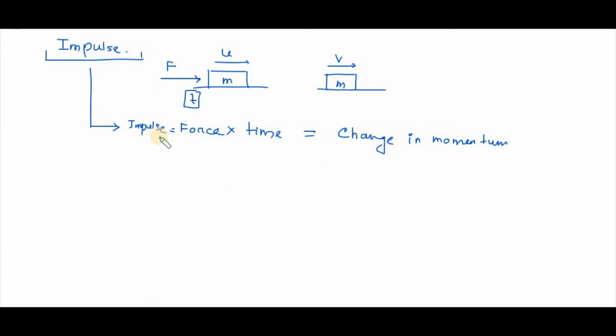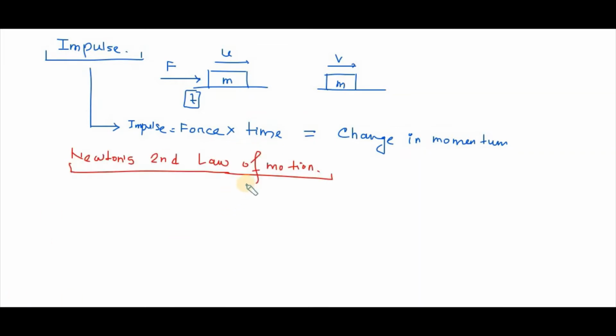Now, where are we obtaining this relation from, that force times time is equivalent to change in momentum? To get this equation, we have to go back to Newton's second law of motion. From Newton's second law, force equals mass times acceleration, m dot a, where acceleration is the change in velocity per unit time.